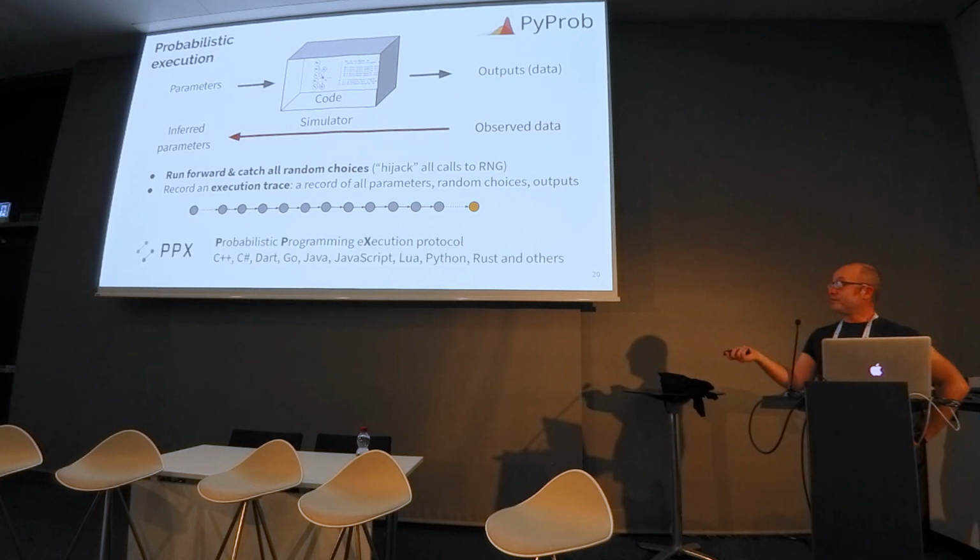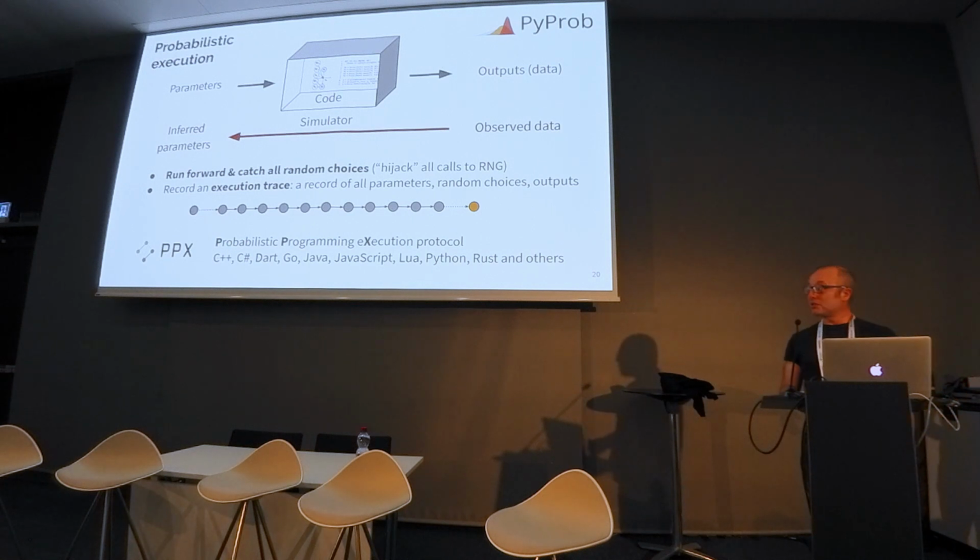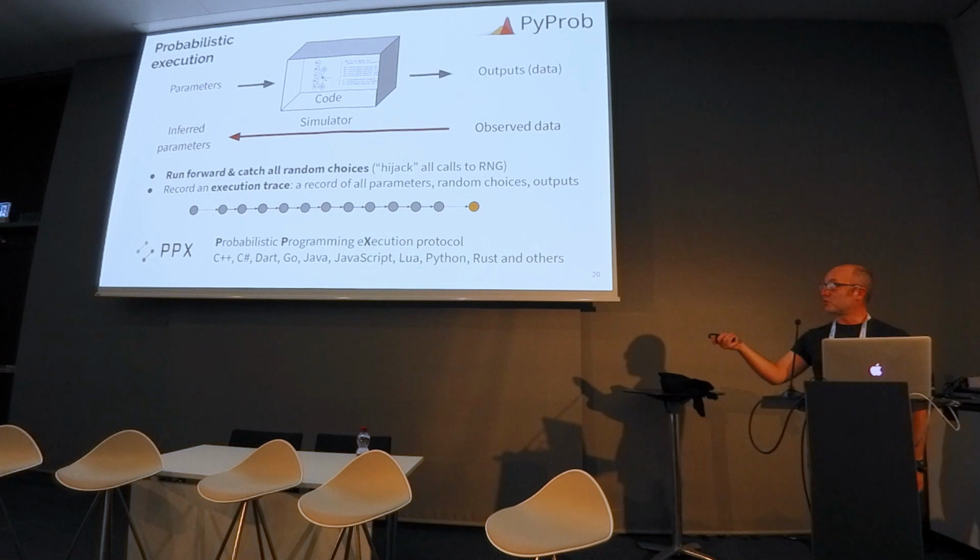A core part of the system is this probabilistic programming execution protocol. It's an infrastructure that allows you to catch the random number calls in the languages that it supports. It supports most of the languages that would matter for the science community.